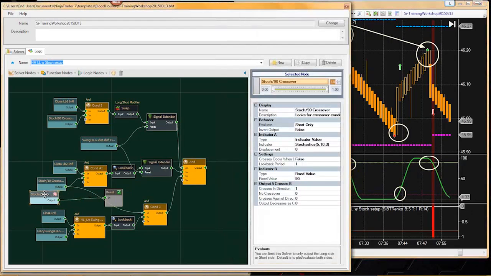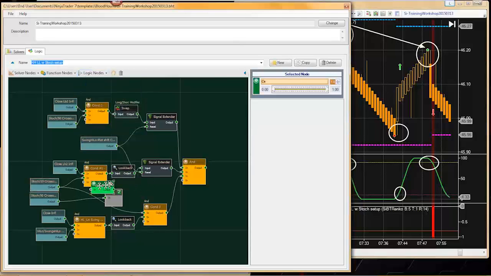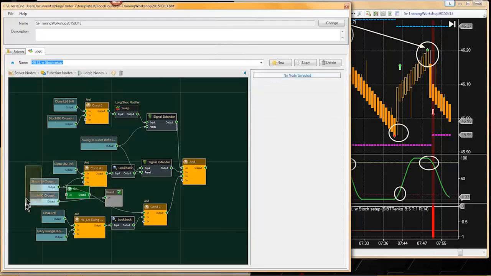Okay, so now the next thing is to join both of these crossovers with an OR node.